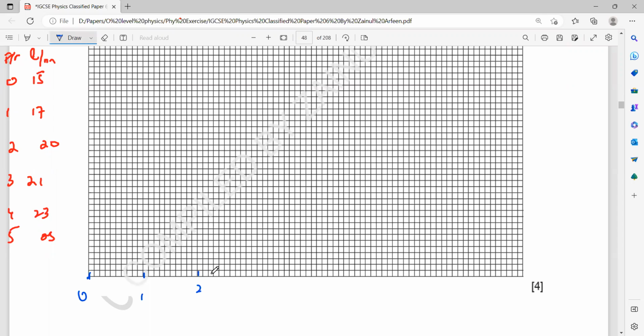Then we'll have 3 after another 10 boxes. But if I draw in this manner, it appears that the scale will not cover, like we should cover about 70% of the graph paper. So we can even extend it.